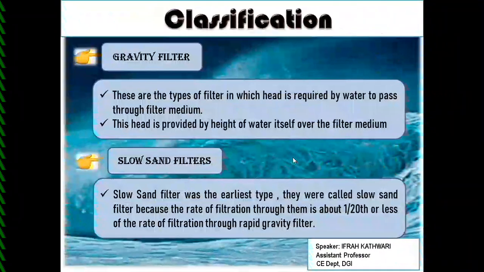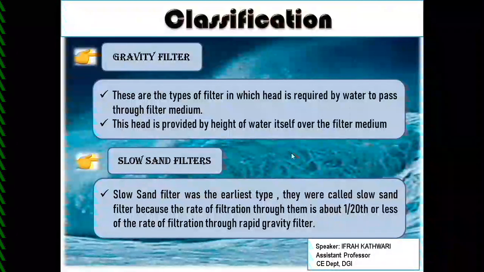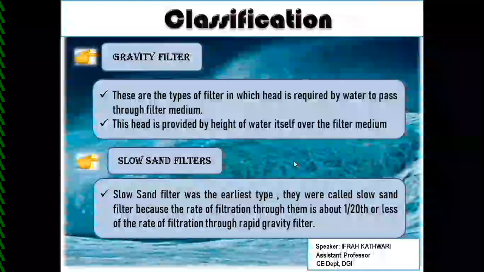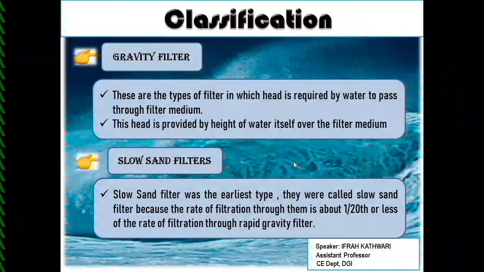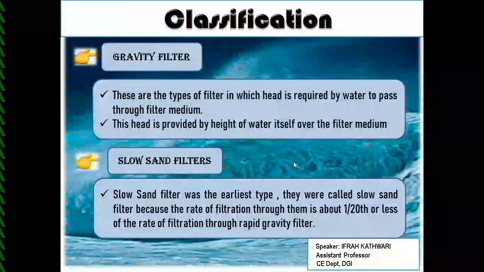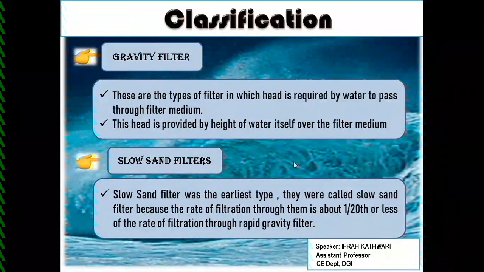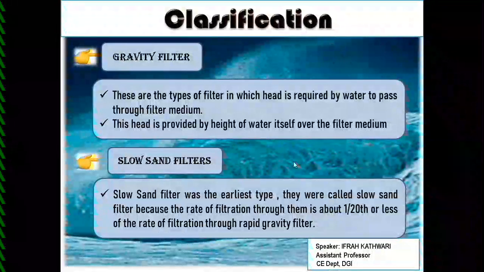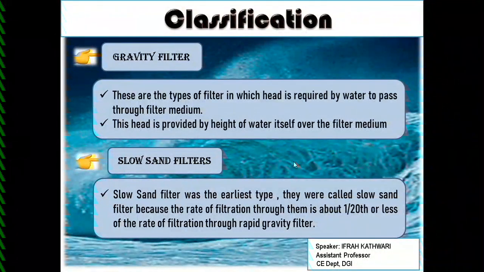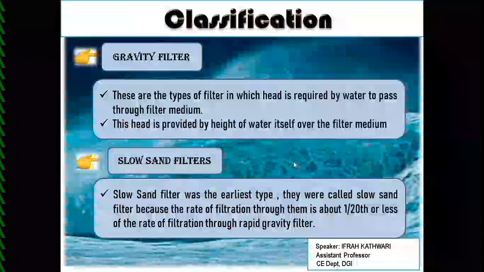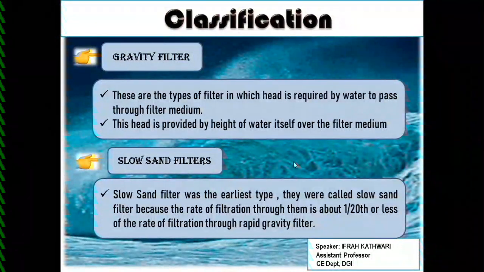Talking about the slow sand filter, this is the earliest type of filter. We don't use it anymore because in a slow sand filter the rate of filtration is very slow. If the process is slow, the area that we need for this process has to be very large. If the area is large, we need a lot of labor for washing the filter, because we go for the scraping process of cleaning.